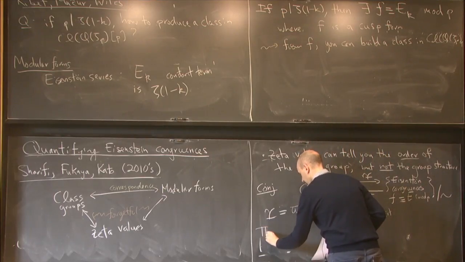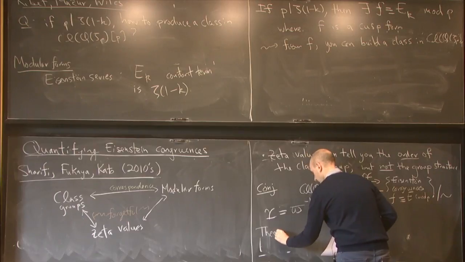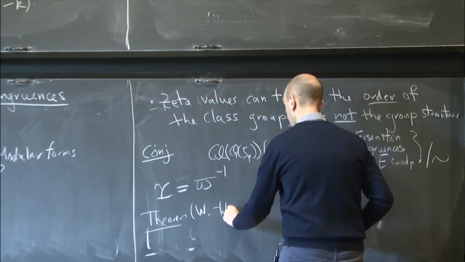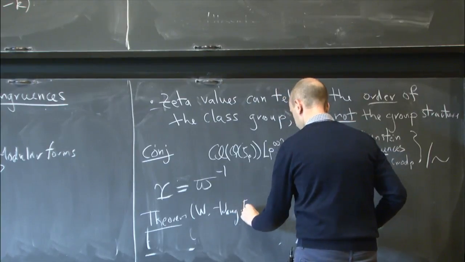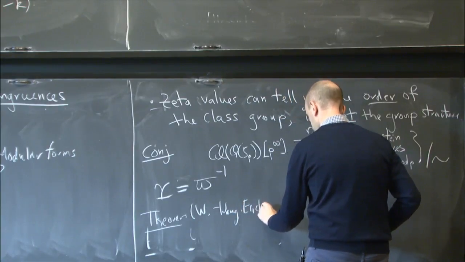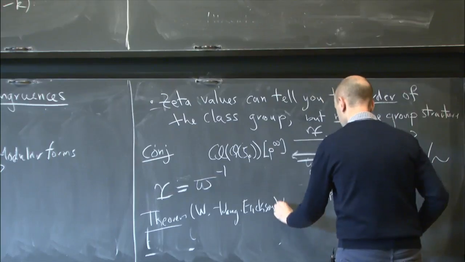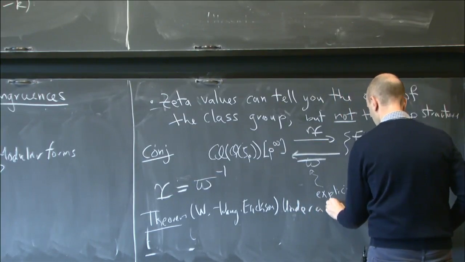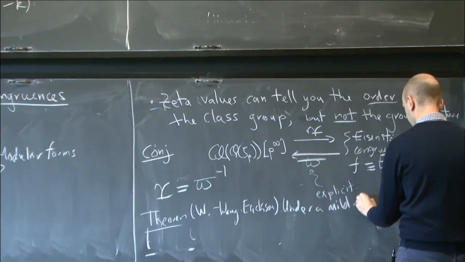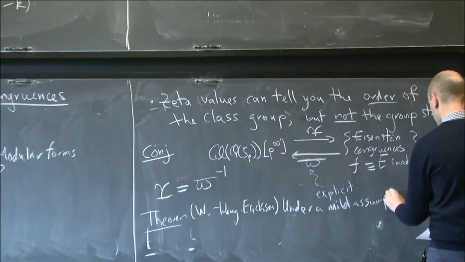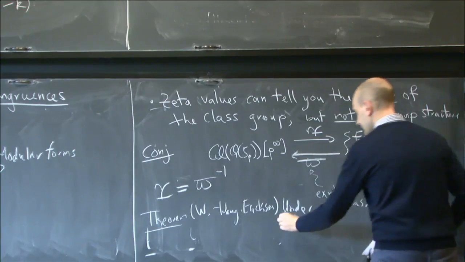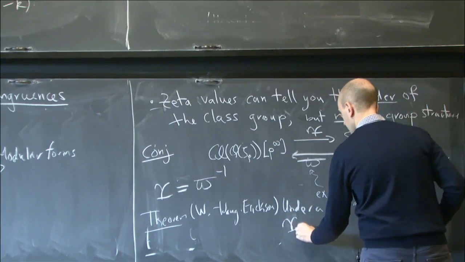So let me state one theorem of me and my collaborator Carl Wang-Erickson: under some mild assumption, at least this upsilon map is an isomorphism.